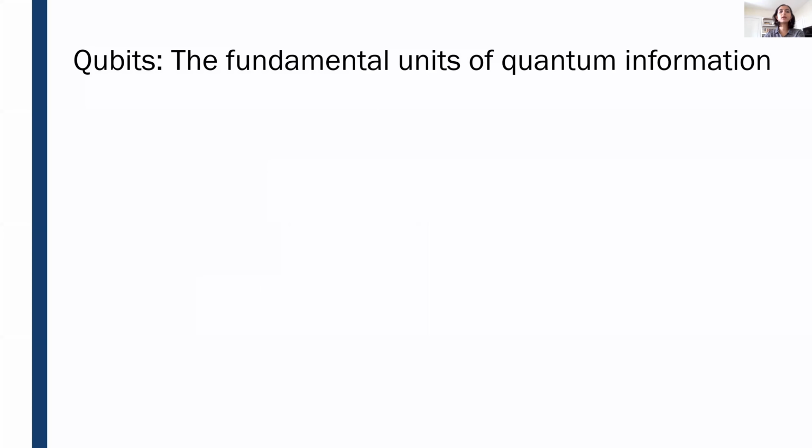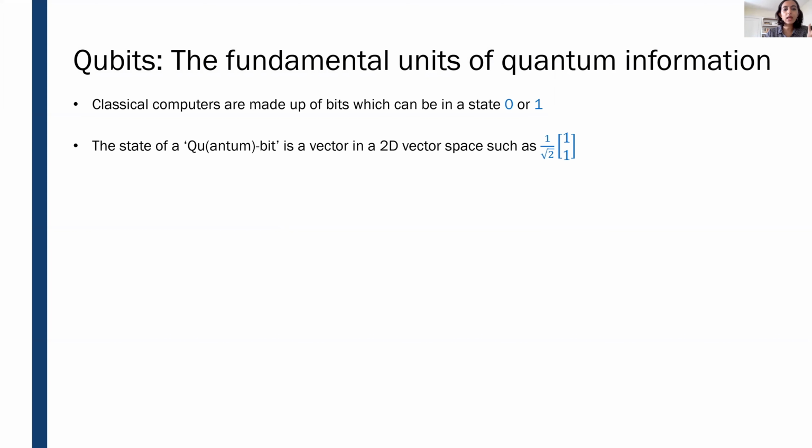So let's begin. The fundamental units of quantum information are qubits. Just like in classical information, the fundamental unit of information is a bit, which can be 0 or 1. In quantum information, it is a qubit. The state of a qubit, or quantum bit, is actually a vector in a 2D vector space, and an example of it is given over here.